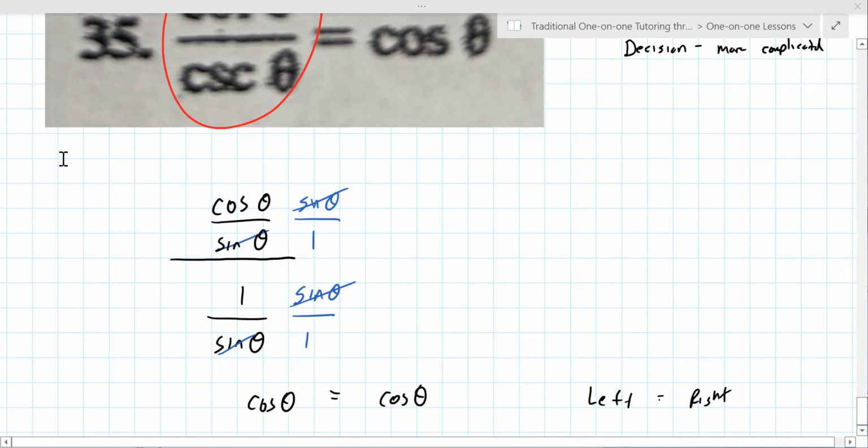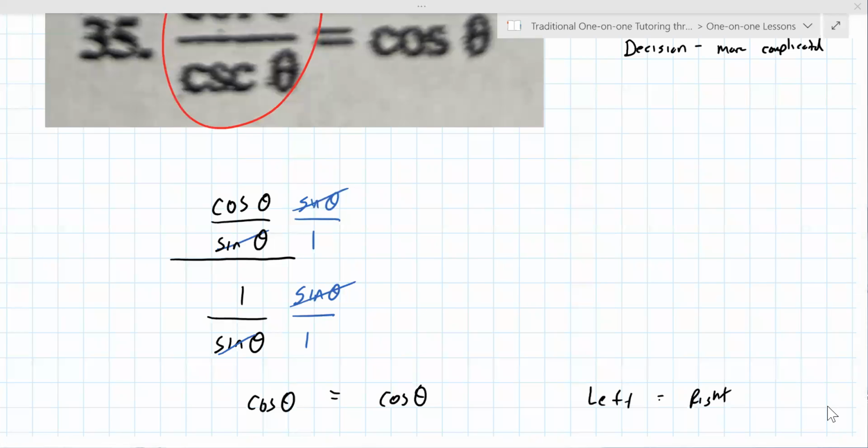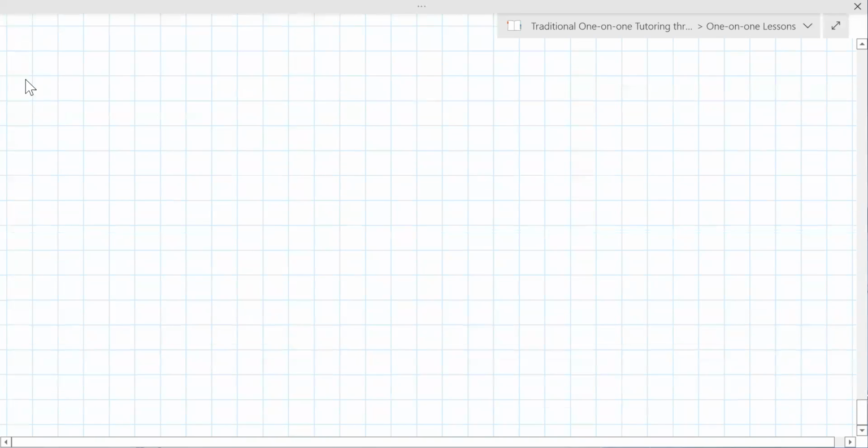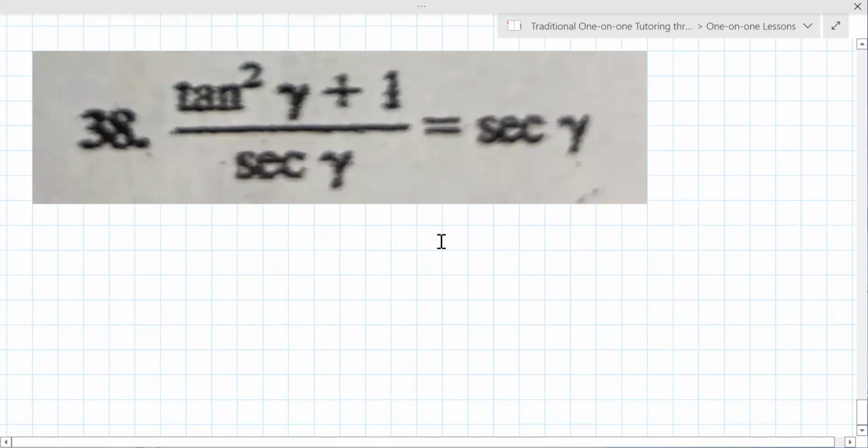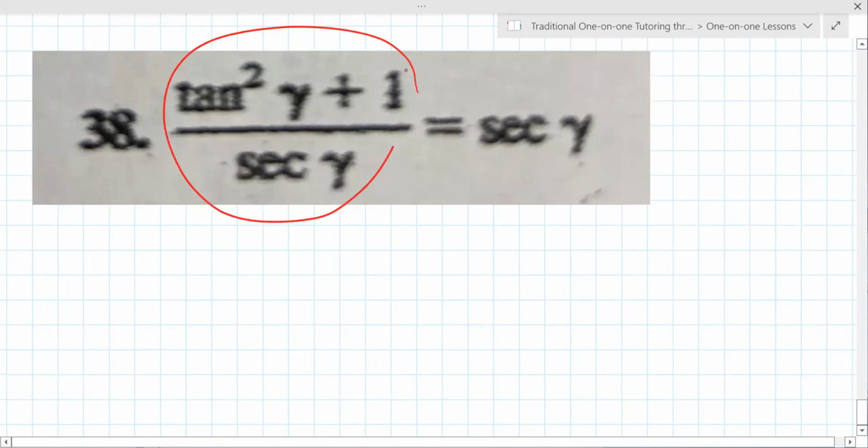You ready to look at 38? Yeah. All right, so 38, tangent squared, I think that's a gamma, plus 1 over secant gamma equals secant gamma. I think again, it's pretty clear that the left side is more complicated. It's just got more stuff going on.